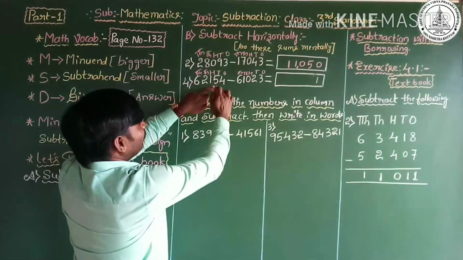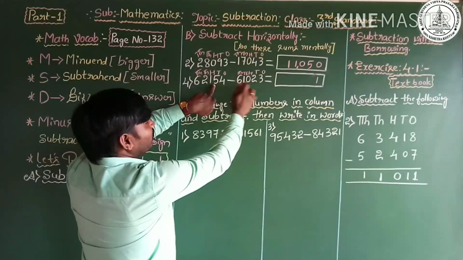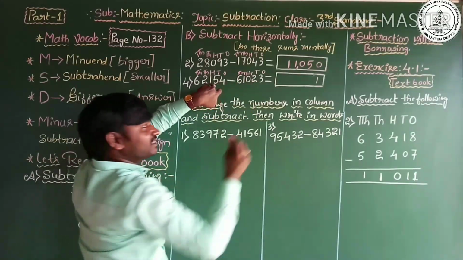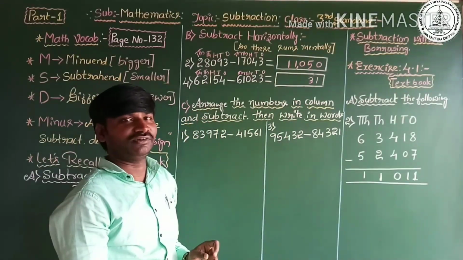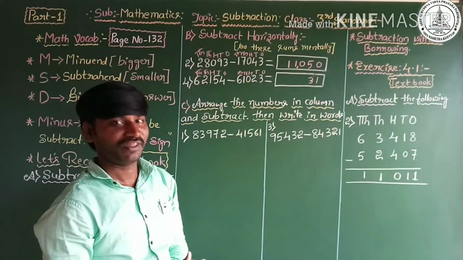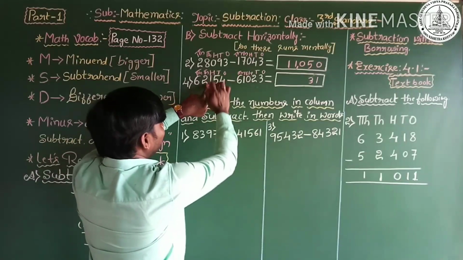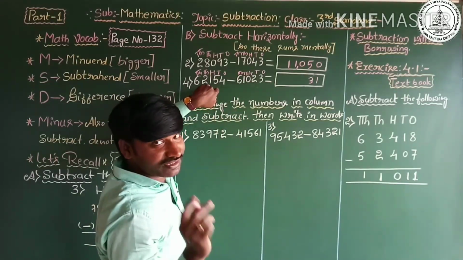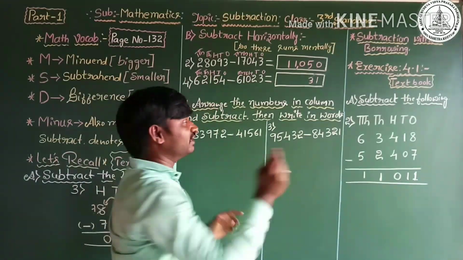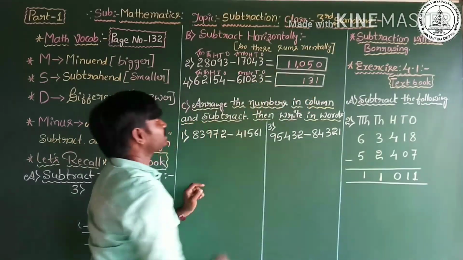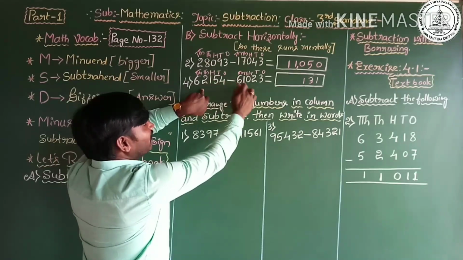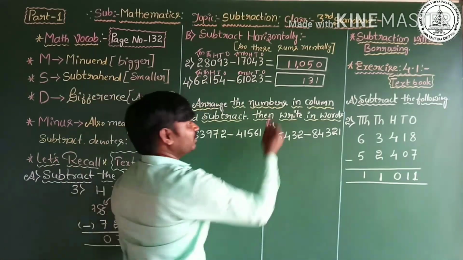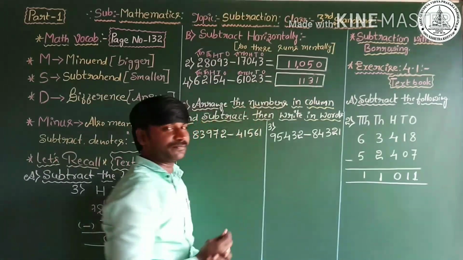The next, 5 minus 2 in the tens place. 5 minus 2 is 3. You use only your mind. You are all brilliant. The next, in the hundreds place 1 and 0: 1 minus 0 is 1. The next, in the thousands place 2 minus 1 is 1. Don't use your finger method.